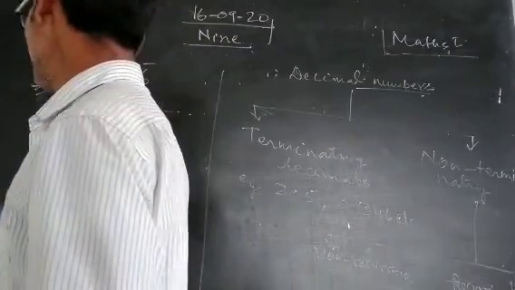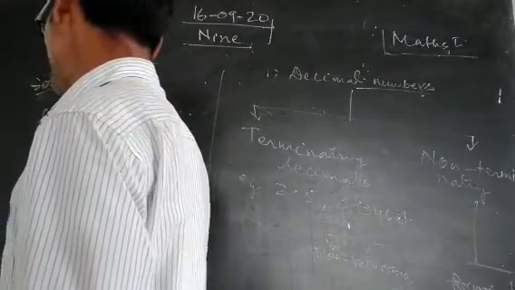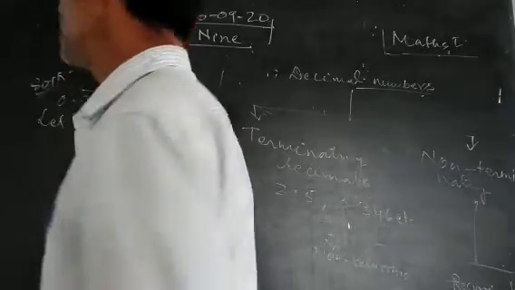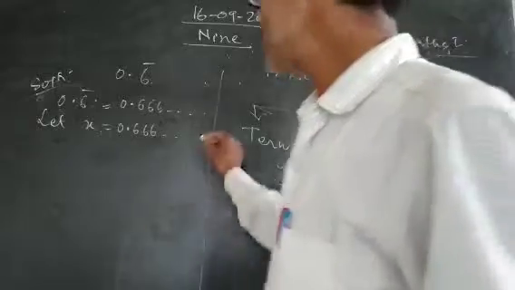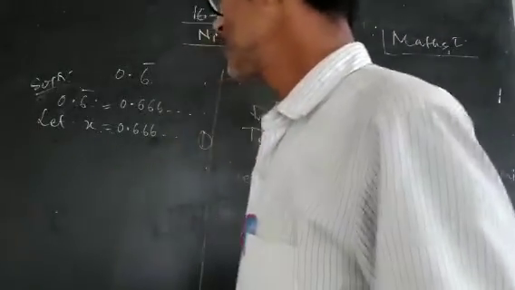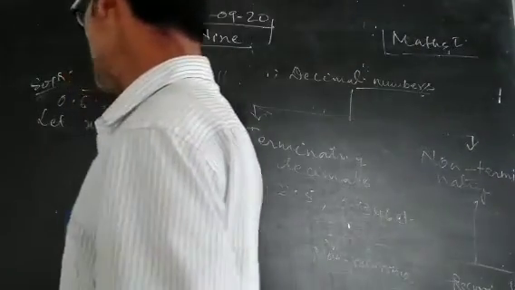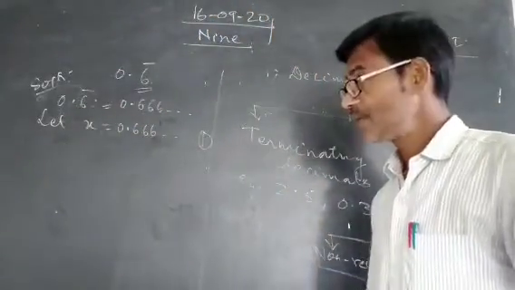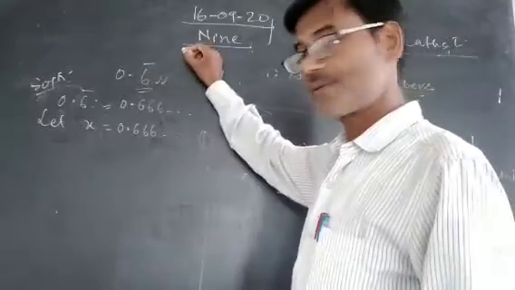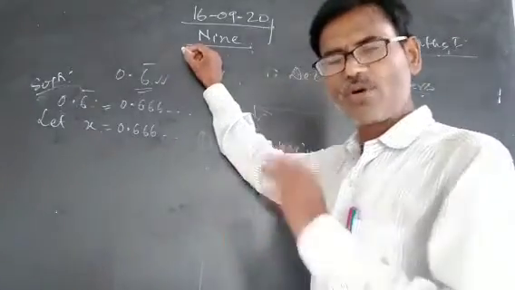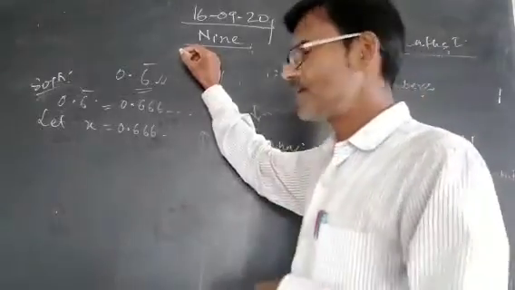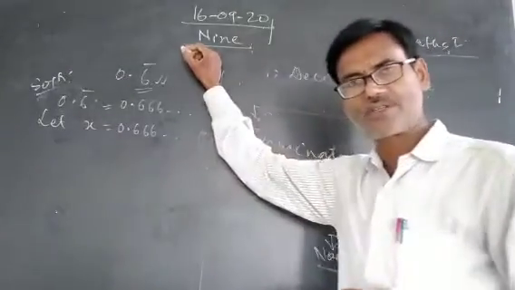Now in the first step we take the given number equal to x and mark it equation number 1. Next, we count the number of recurring digits. It's a pure recurring decimal, right? Only one decimal digit is there and it gets repeated.